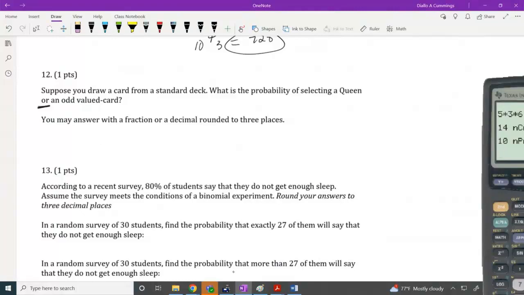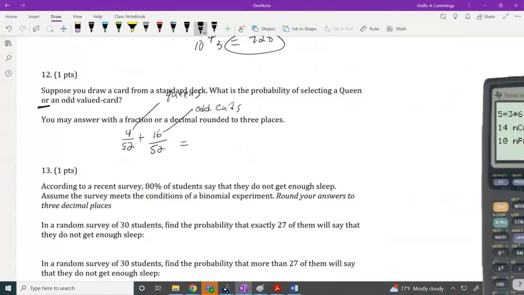Let me just write this out. So we had 4 over 52, because there were 4 queens, plus 16 over 52, because there were 16 odd cards, right?